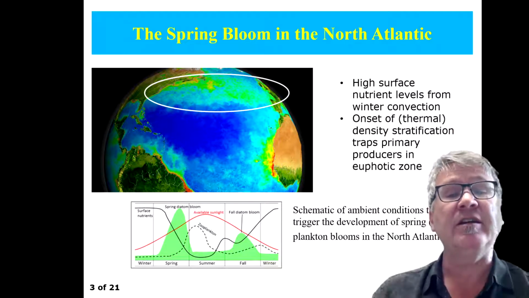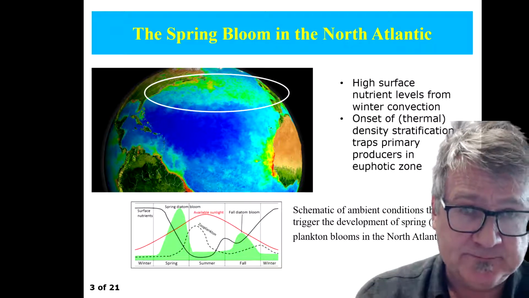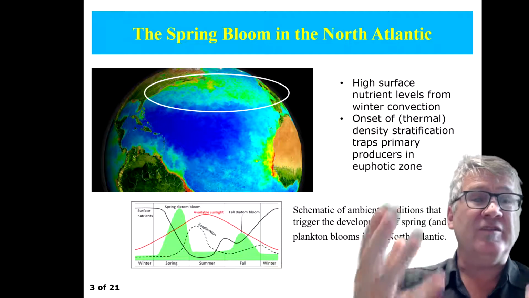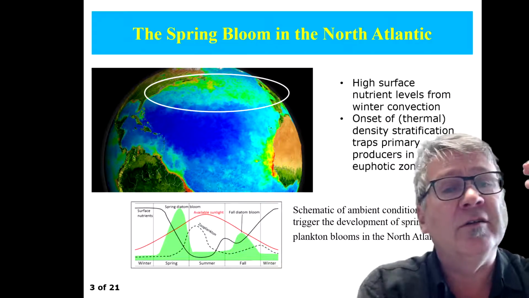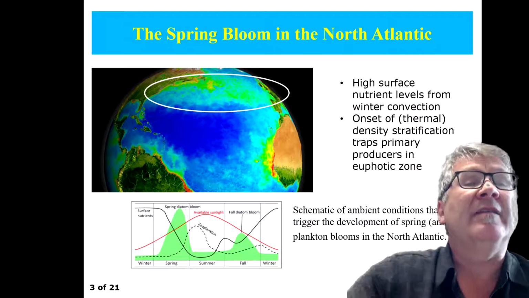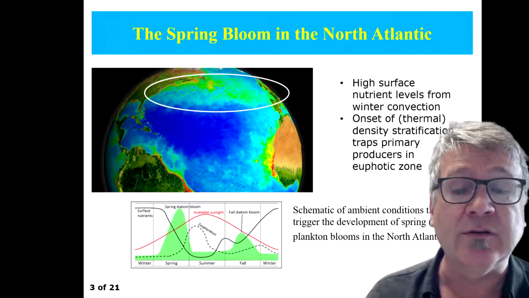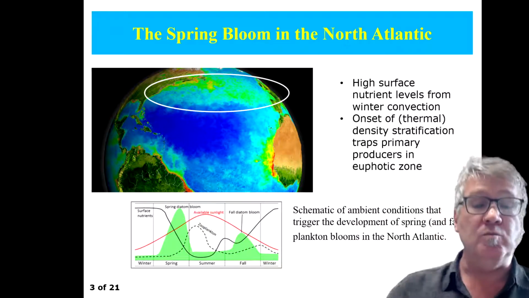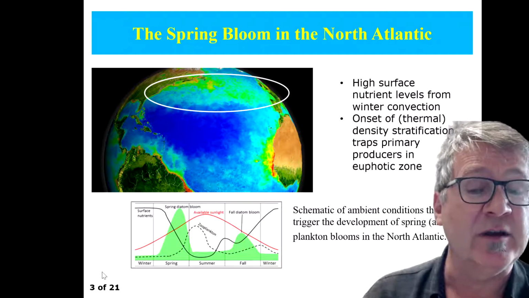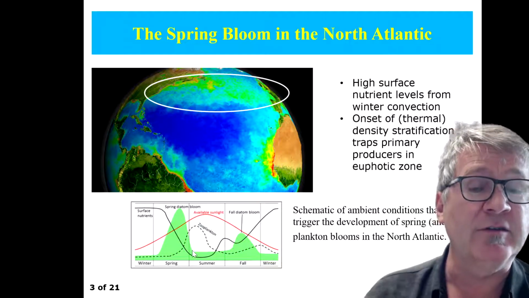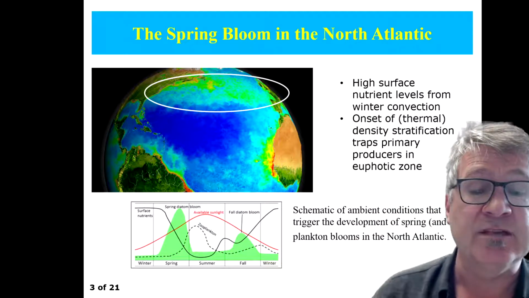You get stratification, and this traps the plankton production into the shallow surface mixed layer in the euphotic zone, and this creates a widespread plankton bloom in the North Atlantic, diatom bloom. And this is a little bit shown here in this time series. Okay, in springtime you have a big plankton bloom developing, and you can see it in satellite. Okay, you can see that widespread bloom.